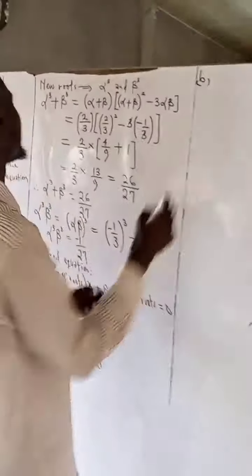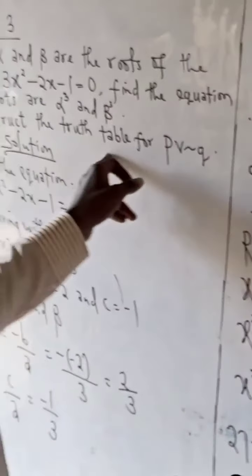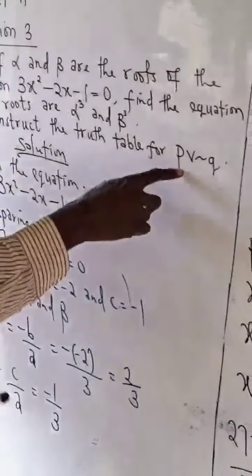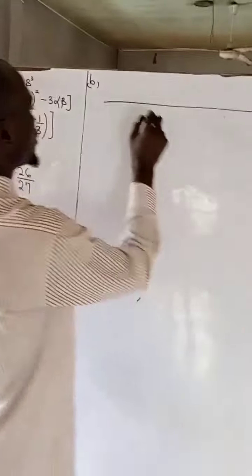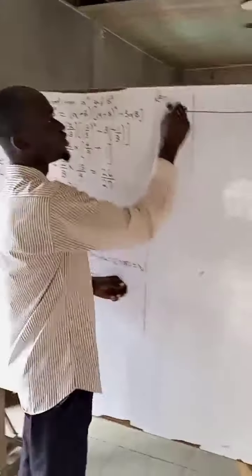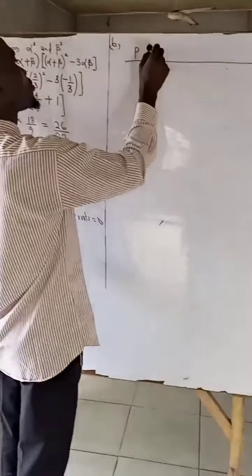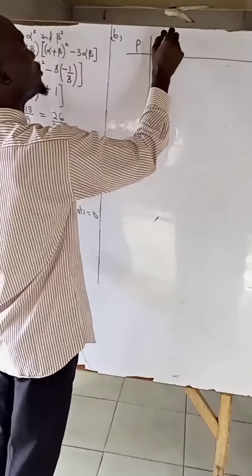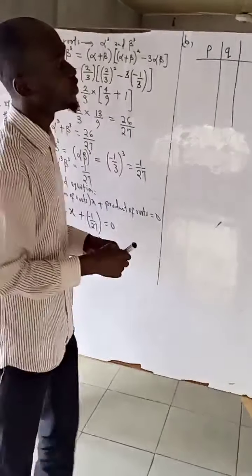Question 3b, we are asked to construct the truth table for P or negation of Q. So what I will do is draw my table and divide it into columns. This column will be for statement P, and this column will be for statement Q. I still need to draw another column.